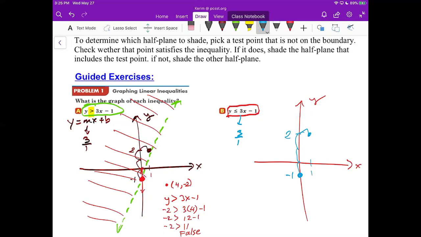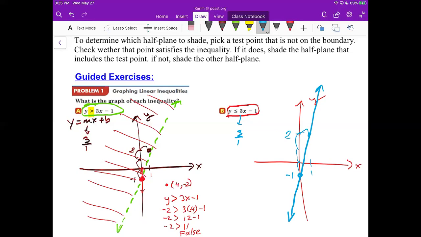So that's 1. Then I'm going to decide solid or dotted line, where my inequality symbol is less than or equal to. I'm going to use a solid line in this case because equal to means included, so the line is included in the solution. Then I'm going to find the side to shade. As I said, I have two methods.